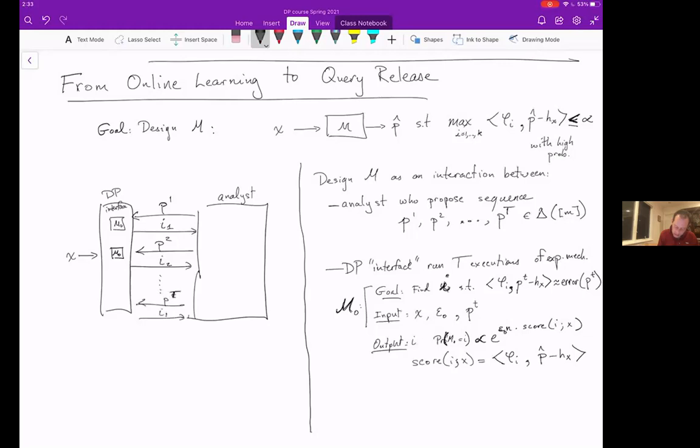And then in the last interaction, it'll send back I sub T. So it's going to run T copies of this exponential mechanism, each with some privacy parameter epsilon naught. And our ultimate privacy guarantee is just going to be obtained by composing the guarantees for the pieces. So that's going to be what the interface does.